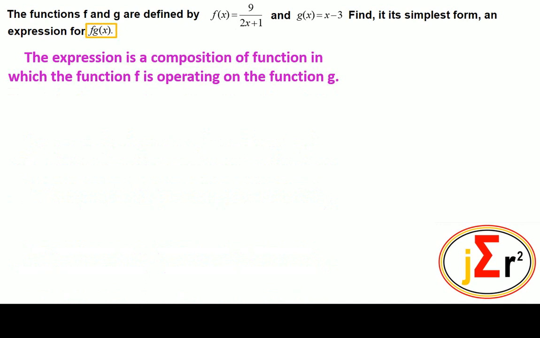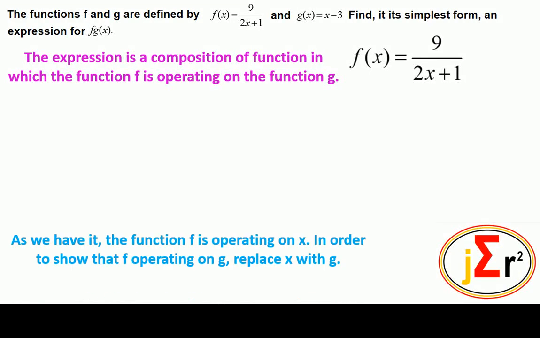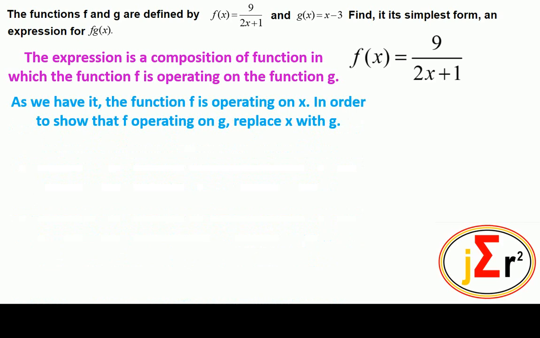The expression is a composition of functions in which the function f is operating on the function g. There we have f operating on x, so that is f of x. Now we need f to operate on g. In order to show that f is operating on g, we will replace x with g.